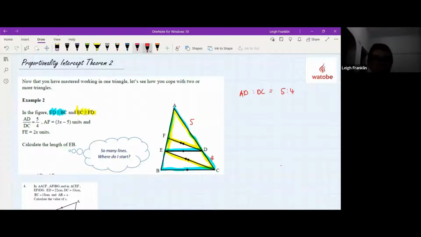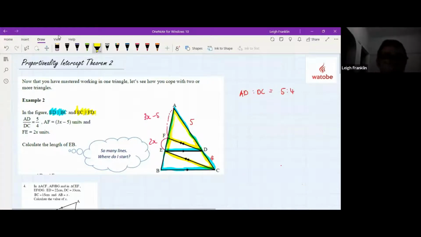Then the other bit of information that they've given us is the length of AF. That's this bit over here in pink. They've told us it is 3x minus 5 units long. And they have also told us that FE is 2x units long.